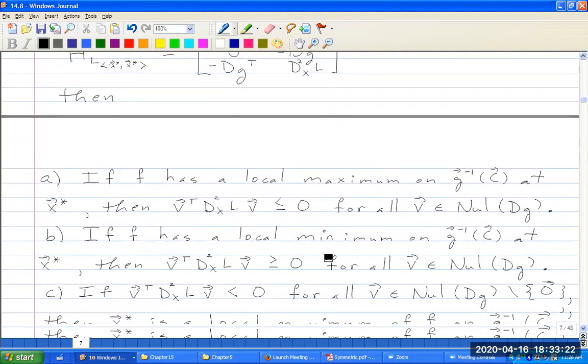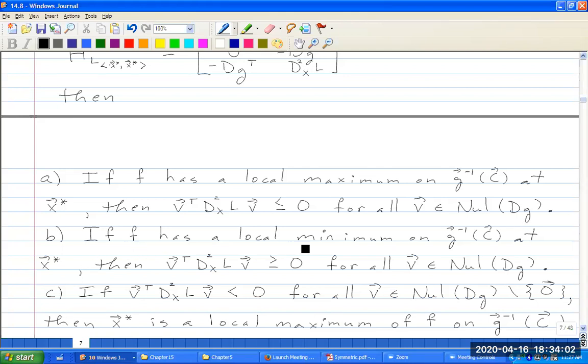Then, if f has a local maximum on this surface, this submanifold, basically the kernel of g at x star, then v transpose D squared L v is less than or equal to 0 for all v in the null space of DG.